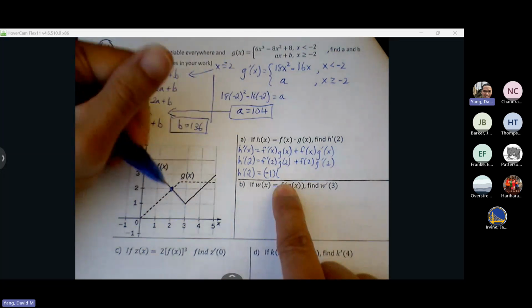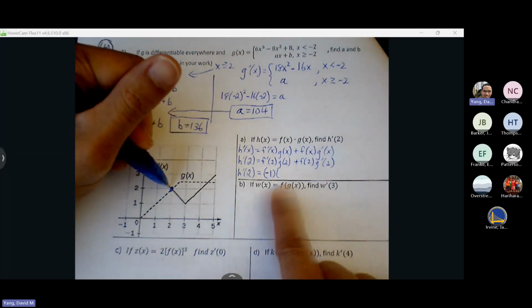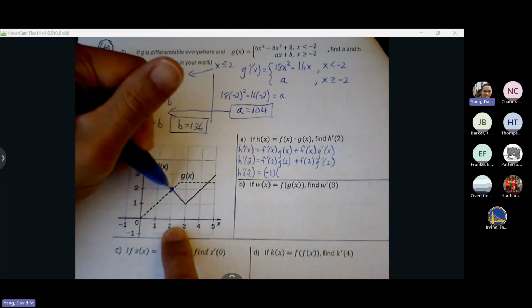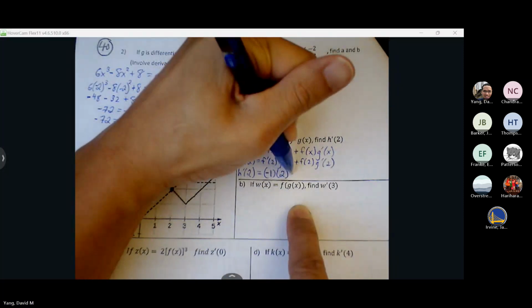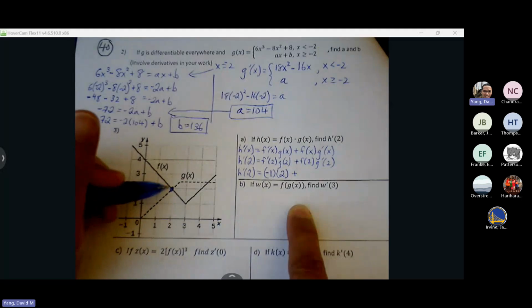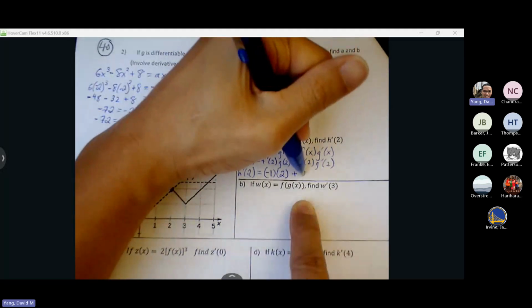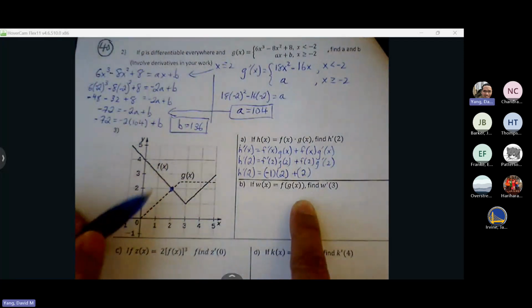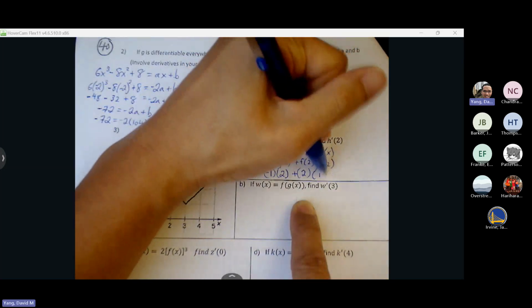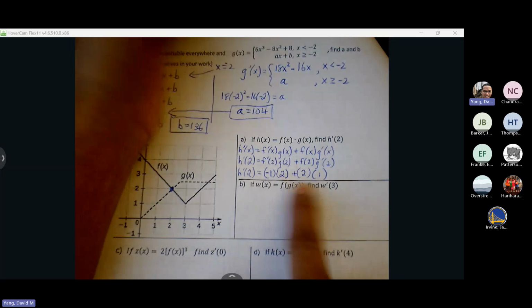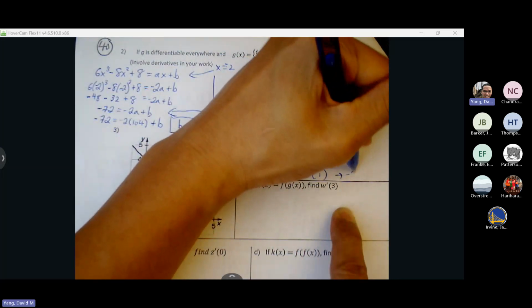Times g of 2. g of 2 is the y value of the g graph at 2. f of 2 is also a shared point here, so also at 2. g prime of 2, we're asking for the slope of the g graph at 2, and this is a positive slope. Slope is up 1 over 1. So -2 plus 2 ends up giving us 0.